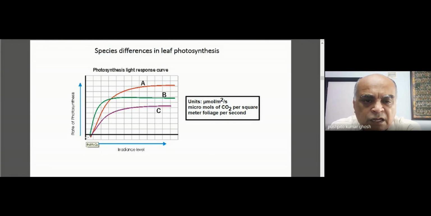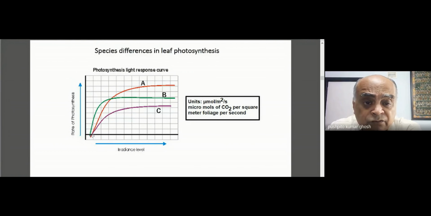There are some which will increase the photosynthesis rapidly with irradiance, but at a low irradiance level, and then after that it will rapidly plateau.